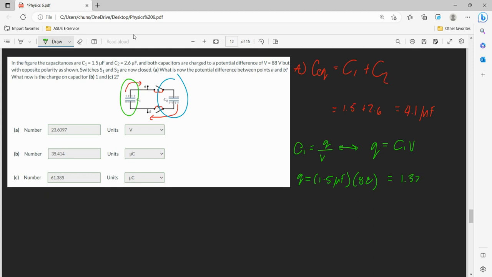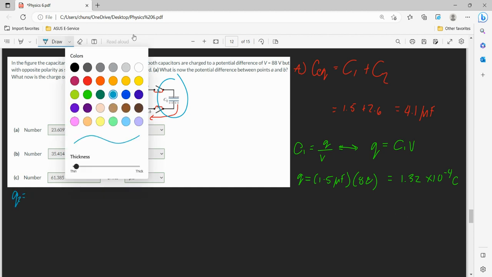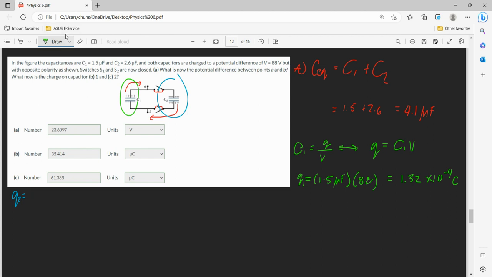And this becomes 1.32 times 10 to the negative 4 coulombs. And now let's just do it for our C2. So this becomes 2.6 times 10 to the negative 6 farads times 88. And this is equal to 2.288 times 10 to the negative 4 coulombs.